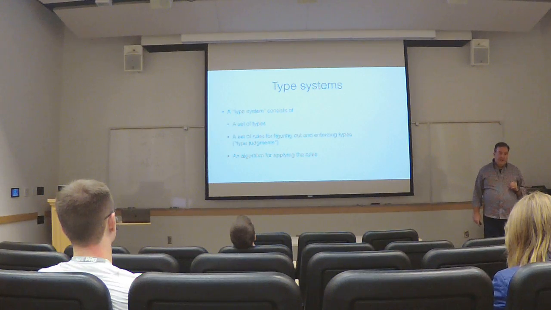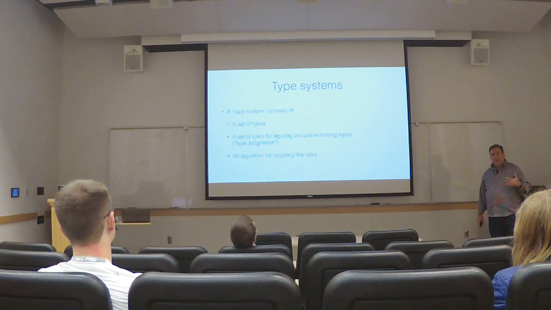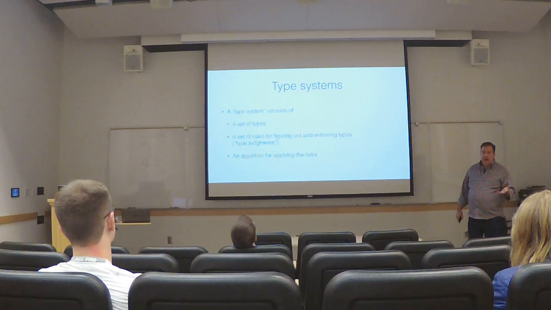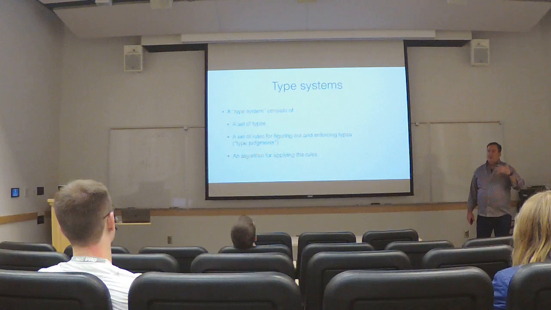And then you have to have some set of rules for figuring out, when I have expressions of different kinds that use certain typed things, what the type is of other things. Okay? So if I add a number and a number, what is the resulting type, right?